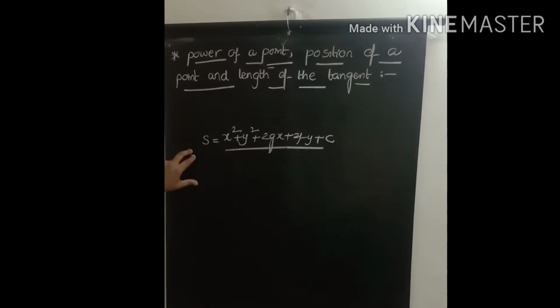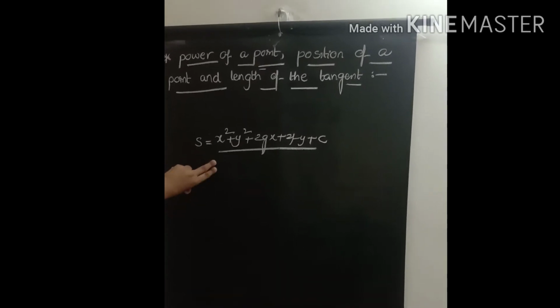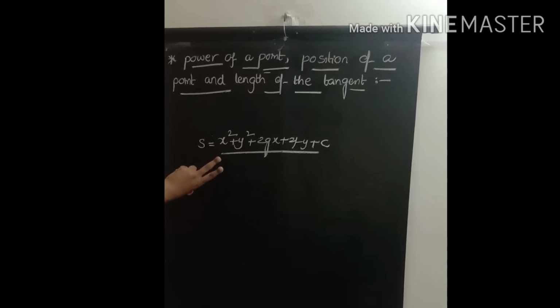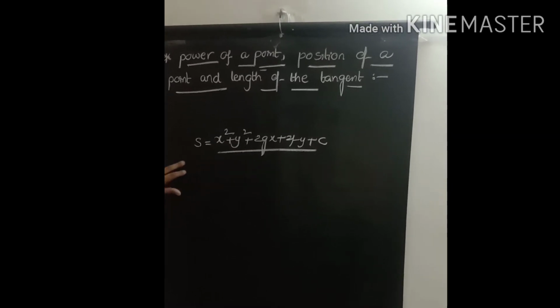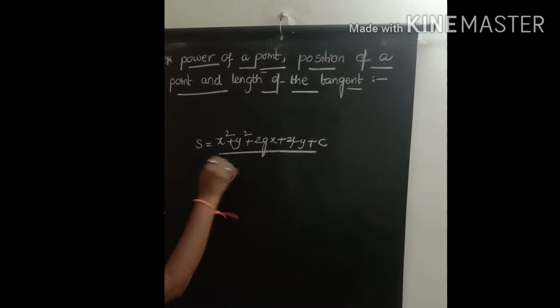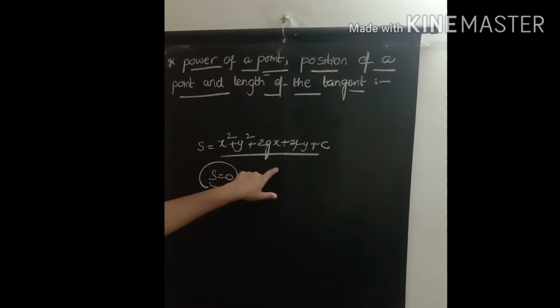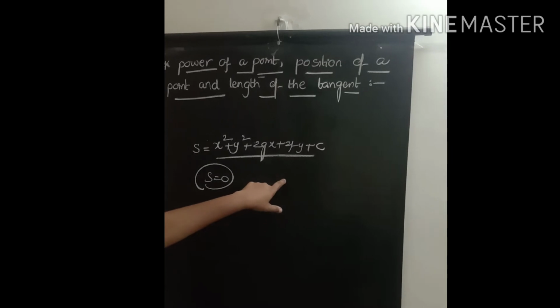So when we have S is equal to 0 anywhere in the problems, then we use the standard form notation in place of S equals 0. That is, S equal to 0 (circle) means we take the equation x square plus y square plus 2gx plus 2fy plus c is equal to 0.